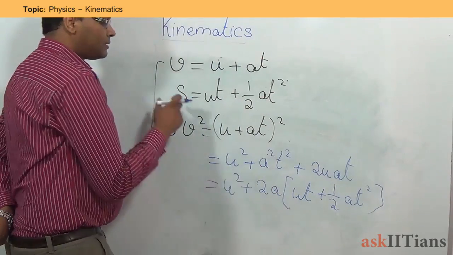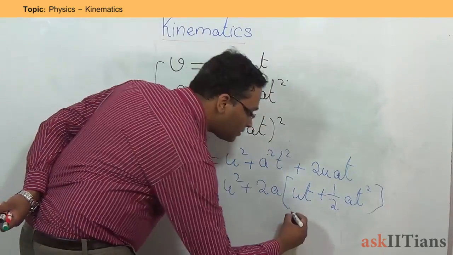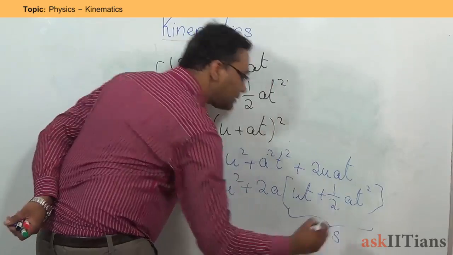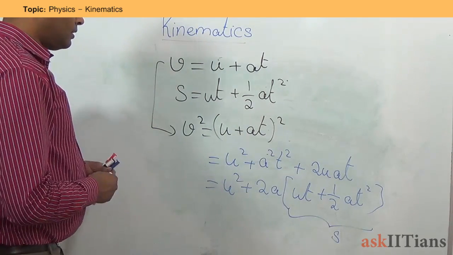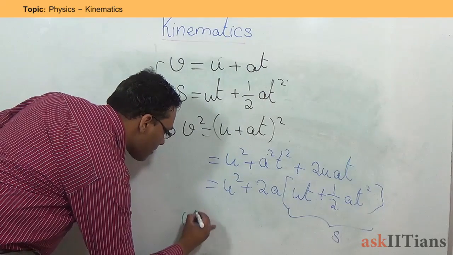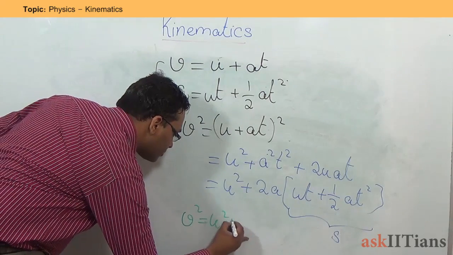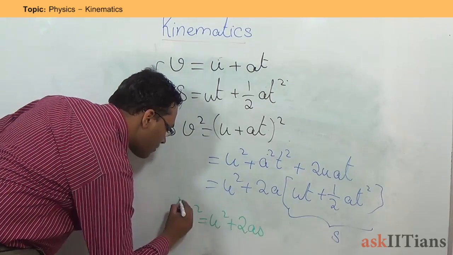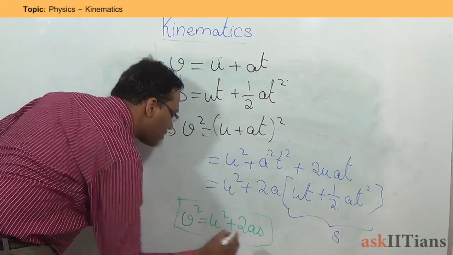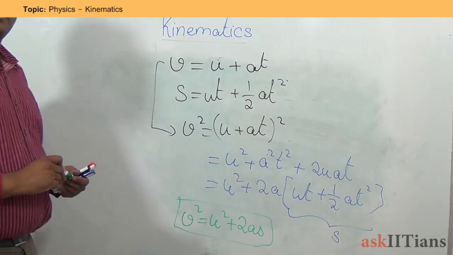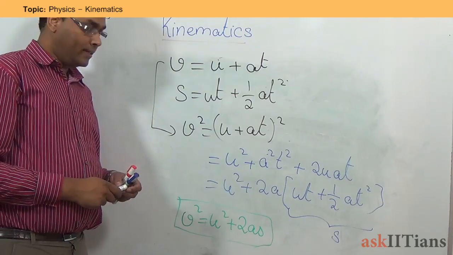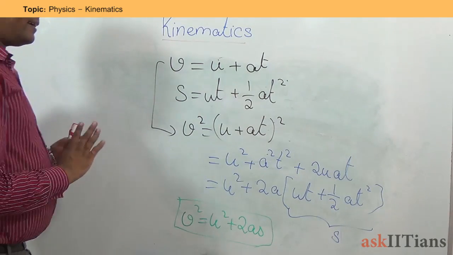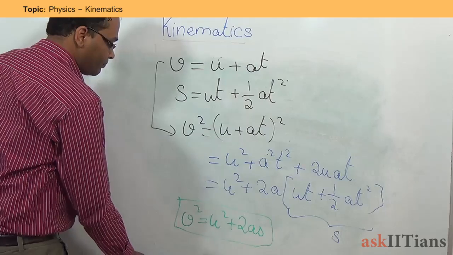But hey, this is nothing but the displacement. So this is s. So as a result, we get v square equals u square plus 2as. So this is our third equation that we have. Fine? Hopefully it makes sense up to this point.